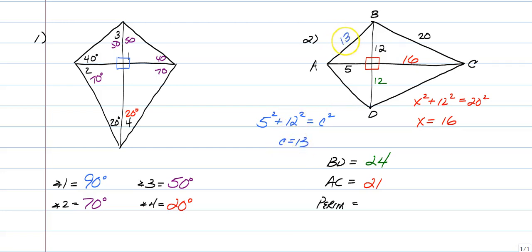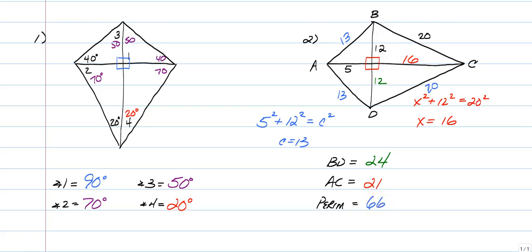So this part is 13. Now you have to remember what I told you earlier. We have two pair of consecutive sides that are congruent. So AD is also 13, and DC is also going to be 20. Okay? So now we just have to add all of those up. So 13 plus 13 is 26, plus 40 more is going to give us 66 for our perimeter.